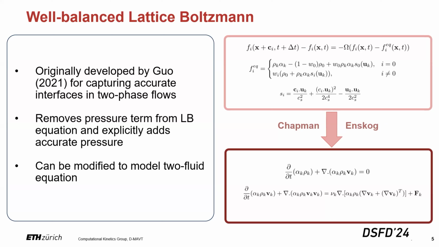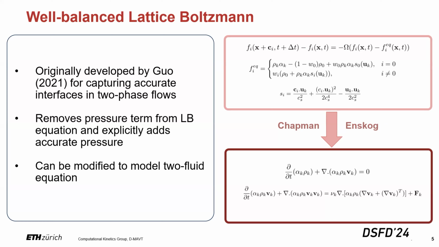In his paper, in the first half, he modifies the LB equation in ways similar to this, where if you do a Chapman-Enskog expansion, you get a Navier-Stokes equation which does not have the pressure. And in the second half of his paper, he adds the pressure specifically based on the chemical potentials to get really good interfaces. But if you take the first half of it, what we get is a pressure-free lattice Boltzmann equation, which gives us a blank slate for us to add our own pressure.